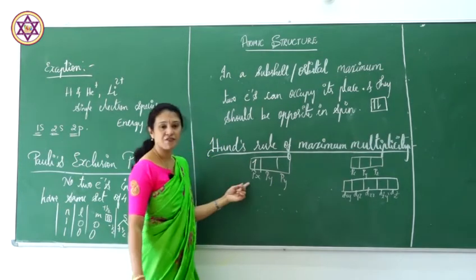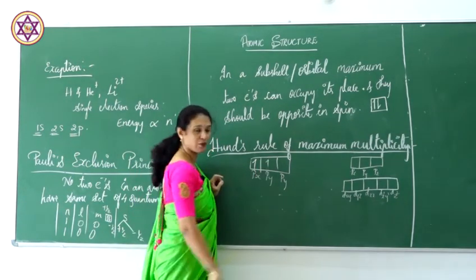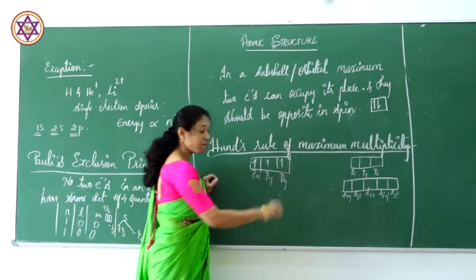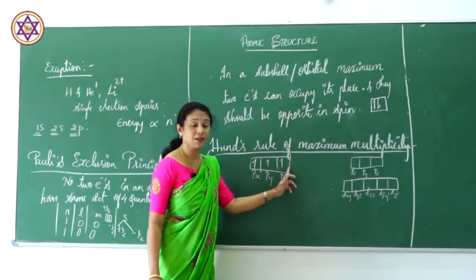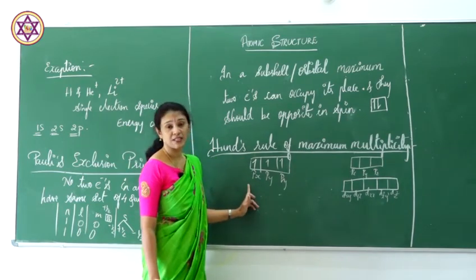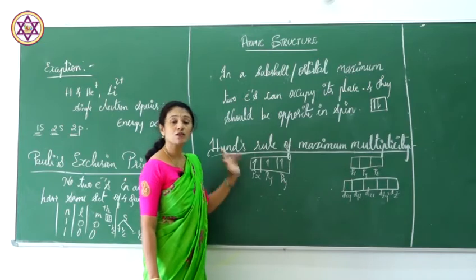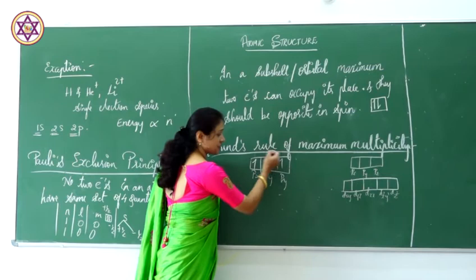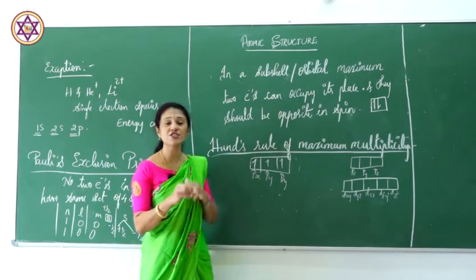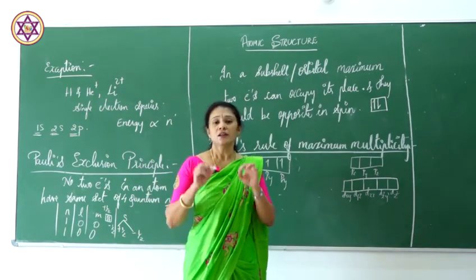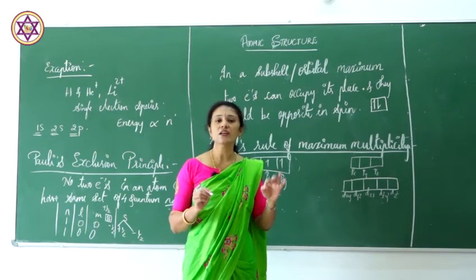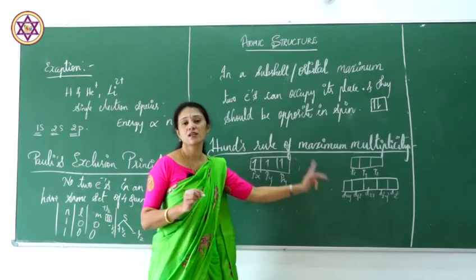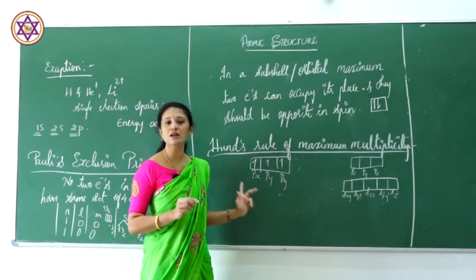If px is filled first, then filling takes place in py, then in pz. But before all are singly filled, there should not be pairing taking place. That is Hund's rule. Only after the degenerate orbitals are singly filled does pairing of these orbitals take place. This is Hund's rule.